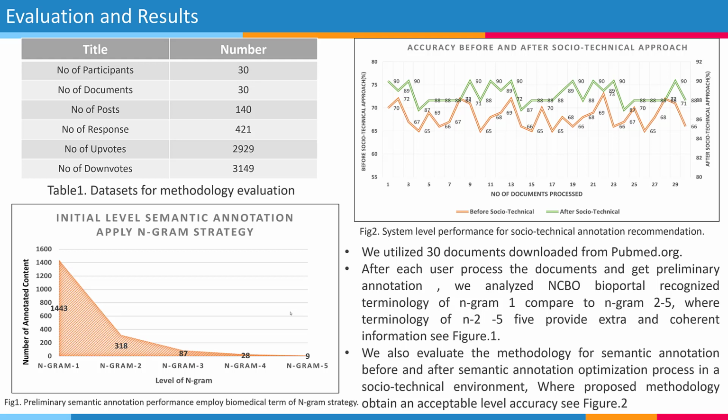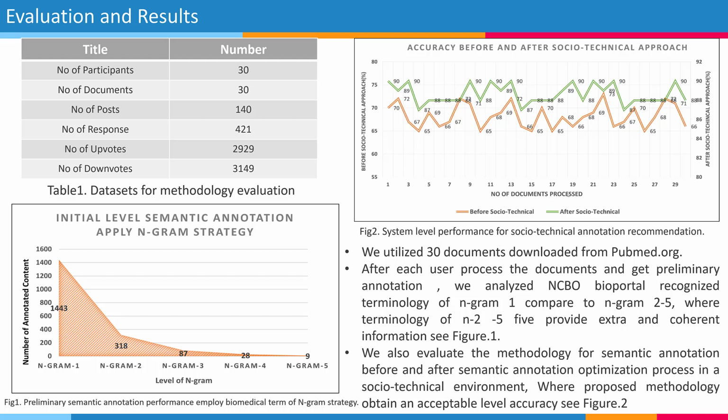At the preliminary semantic annotation, by processing these documents, we analyzed that a word or terminology of n-gram 1 was recognized by BioPortal easily compared to the terminology of n-gram 2, 3, 4, and 5. Also, we analyzed that terminology of n-gram 5, 4, 3 gives more coherent and meaningful information related to n-gram 1.